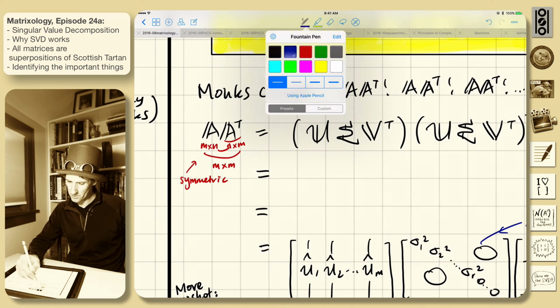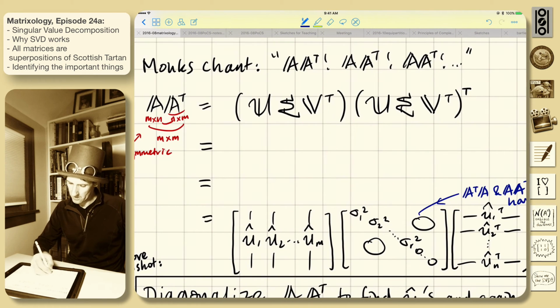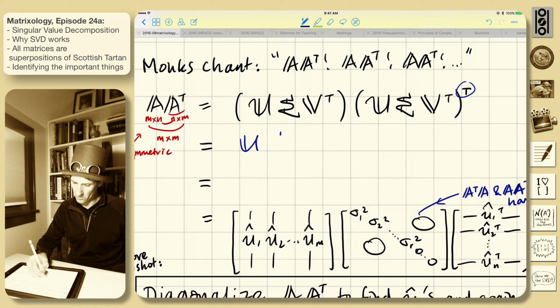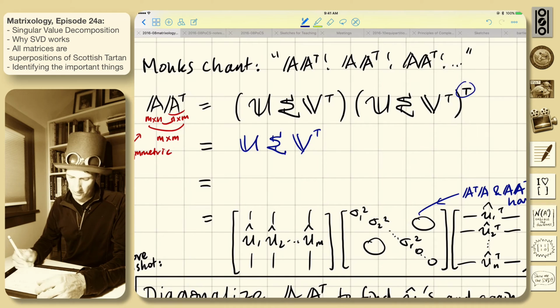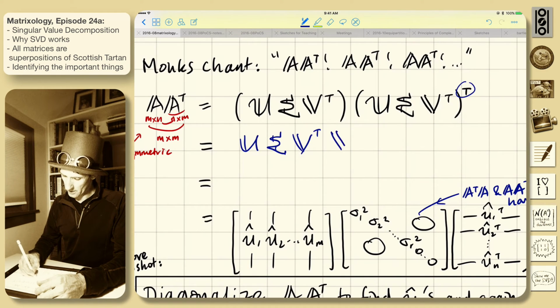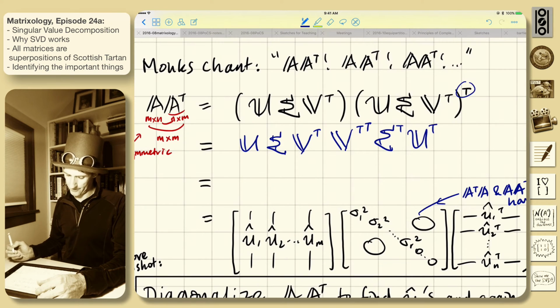So here's the transpose piece over here, so we'll work that in. This is U sigma V transpose, just writing this piece out. Right, so we're going to get a V transpose, transpose. Let's do that. And then a sigma transpose, U transpose.